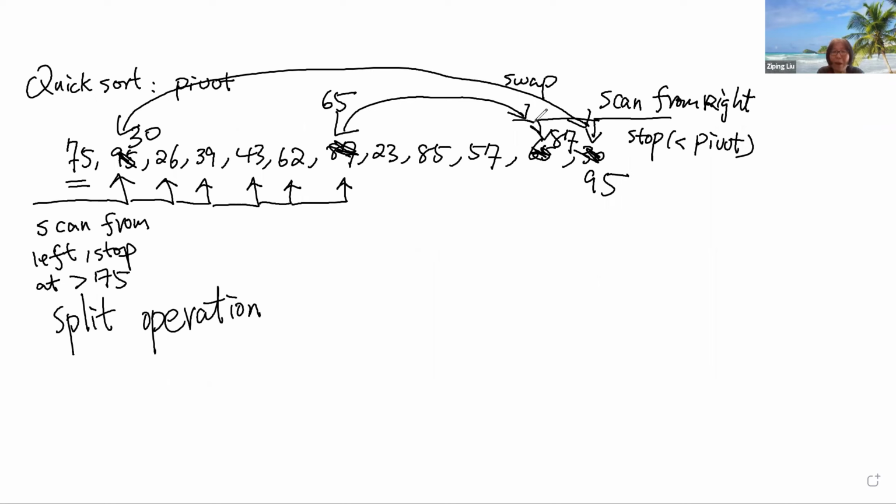Then I resume my scan, and I stop here. I resume my left scan, find the one that's greater, then I stop. Then I need to swap those two, so 57 and 85. Then you resume your scan.